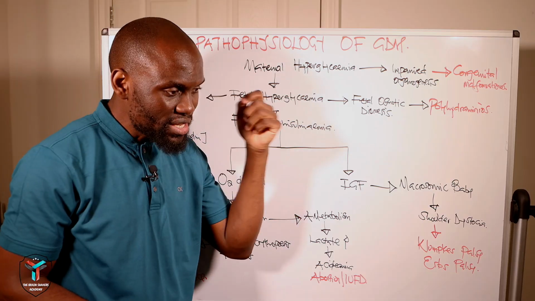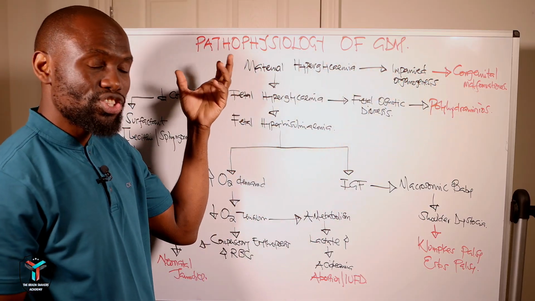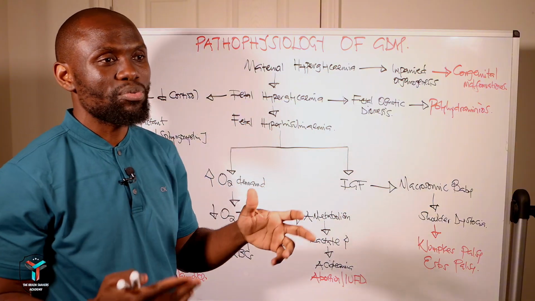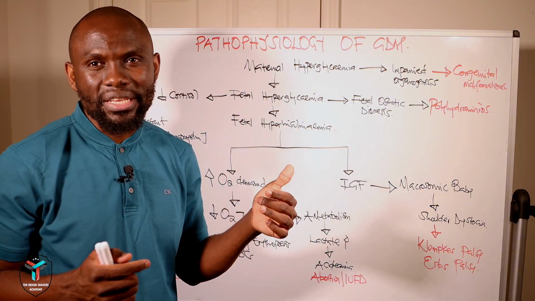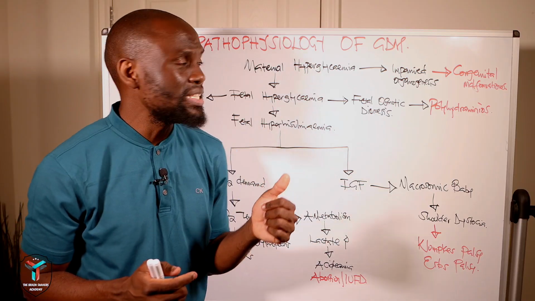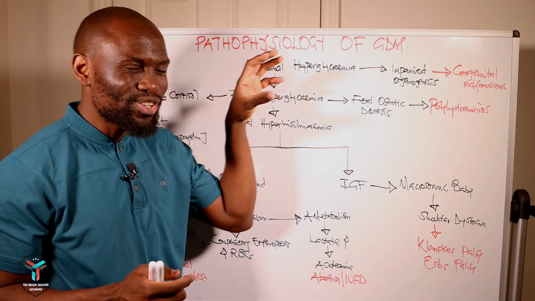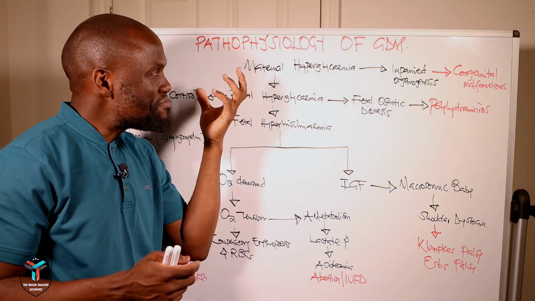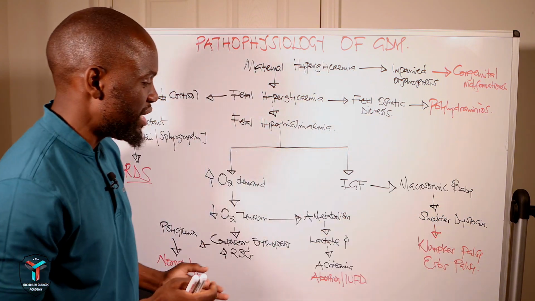So the state of pregnancy has an effect on the disease itself, diabetes, because you may end up with complications such as retinopathies, neuropathies, and nephropathies. And the diabetes itself also has complications that affect the pregnancy, and these are some of the complications we have talked about.